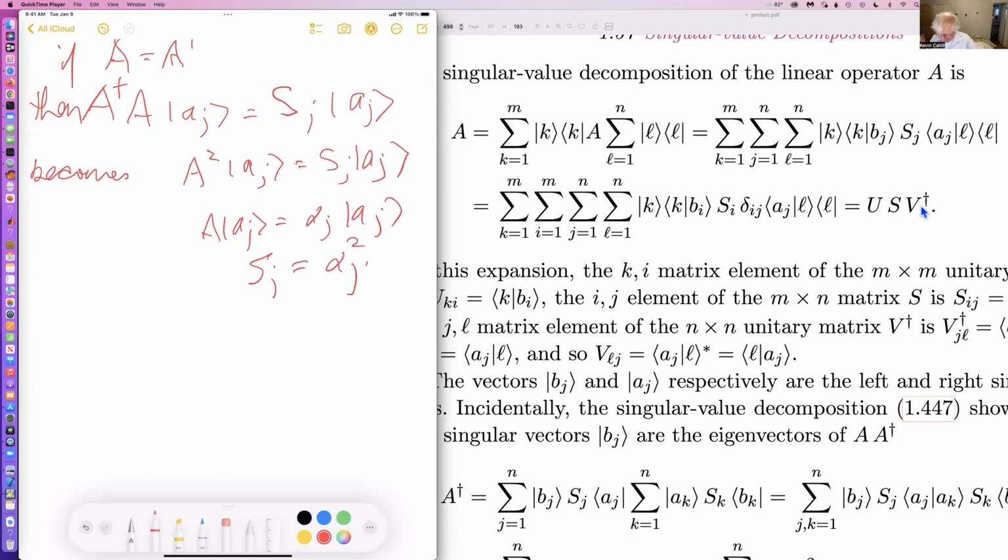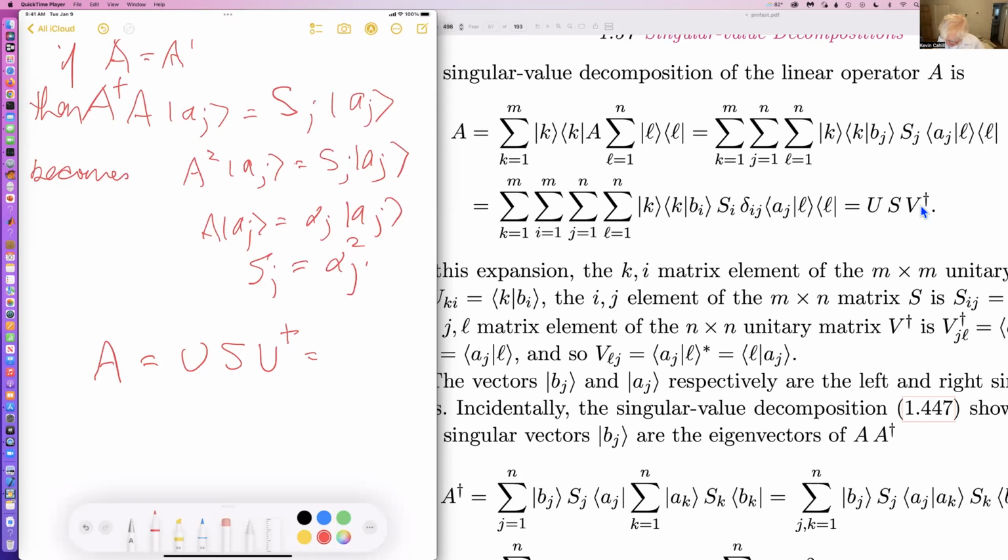And then the singular value decomposition of A is just U S U dagger, because you can have the same, or V S V dagger, because Hermitian operators can be diagonalized by unitary transformations.